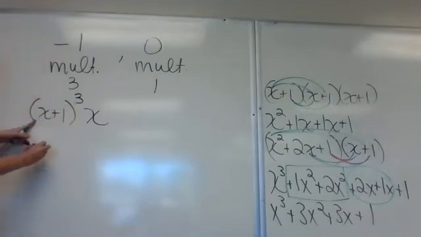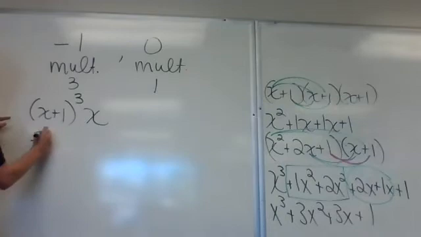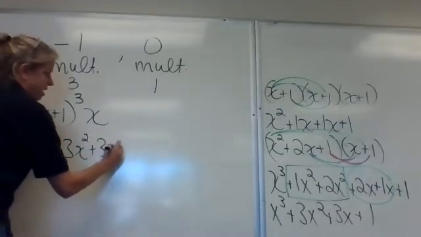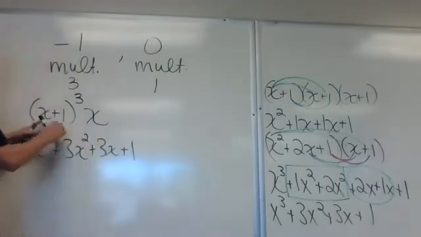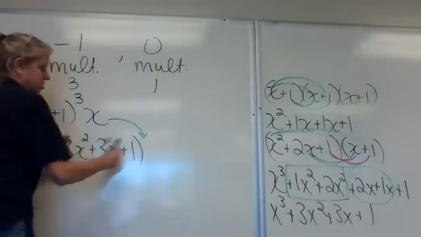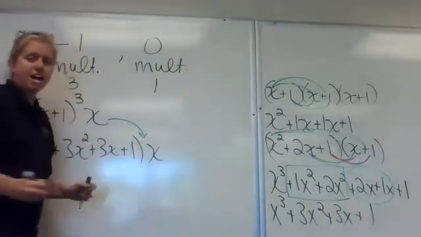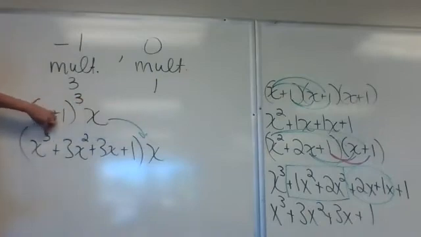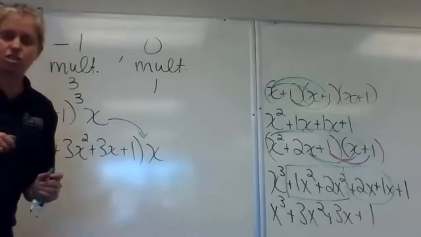So (x + 1)^3 gave me x^3 + 3x^2 + 3x + 1. Now, just like I said, this x is just going to drop down. So all I have left to do is distribute this x to all 4 of these terms. And what happens when you distribute an x to a term?